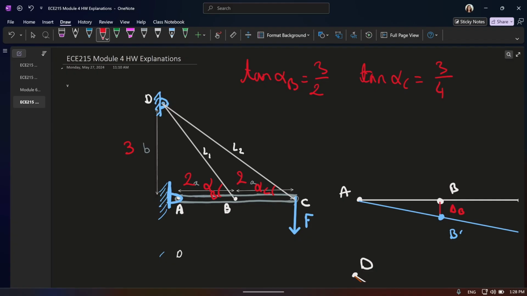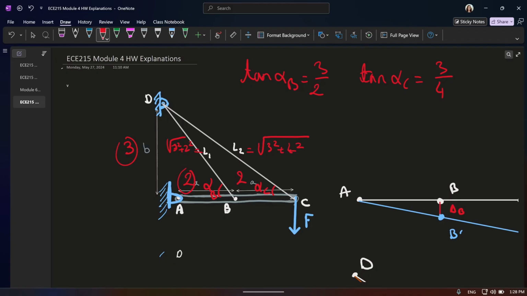You can also use, if you prefer, the Pythagorean theorem; that will be exactly the same value. So if b equals 3 and a equals 2, this distance L1 will be 3 squared plus 2 squared, right? And this distance L2 will be 3 squared plus 4 squared.